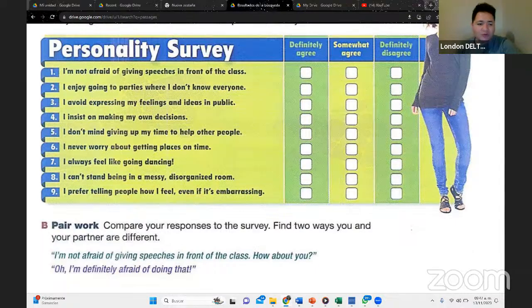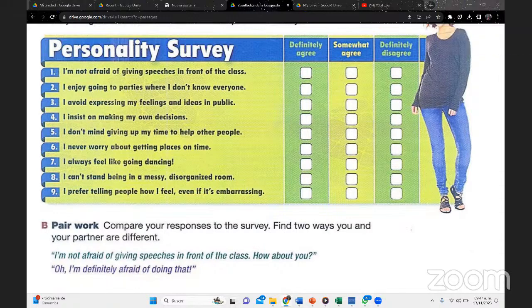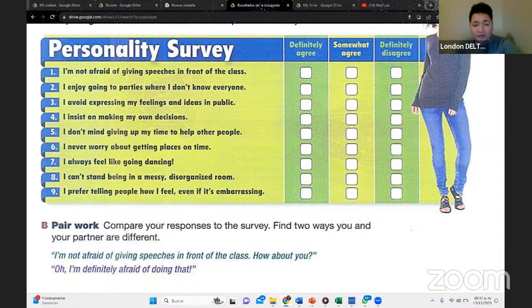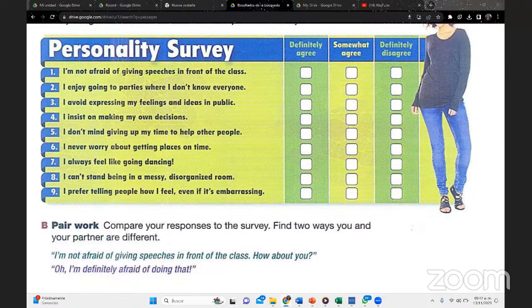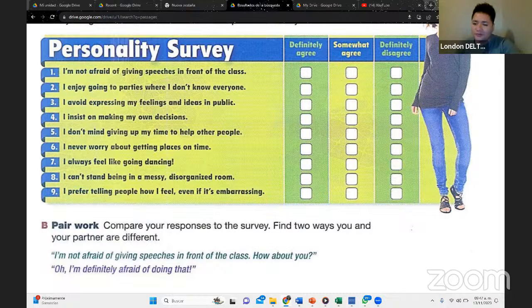How about you, Nubian? How do you feel about dancing? I like to dance, but I'm not a good dancer. But do you like to do it? Yes, at a party, and when I am alone and I play some music, I dance on my own.